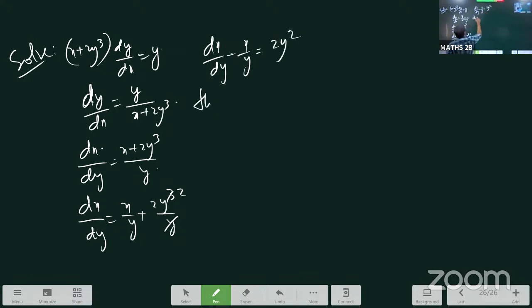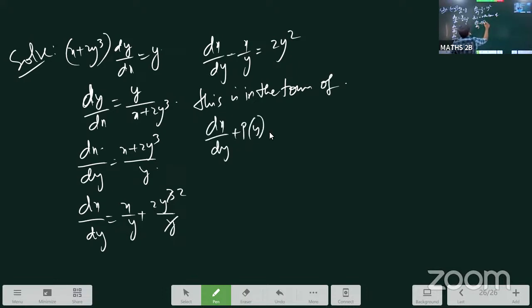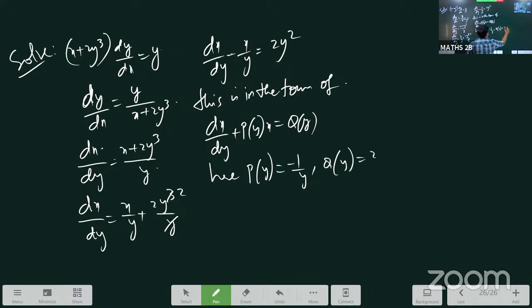So this is in the form of dx by dy plus p of y into x equal to q of y. Now here p of y is minus 1 by y, and q of y is 2y square.